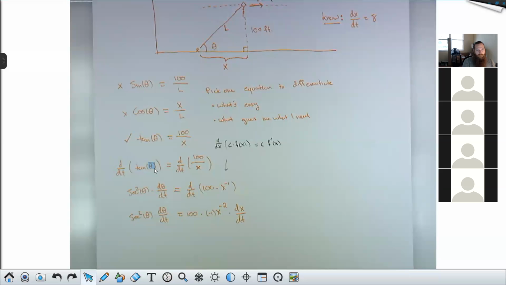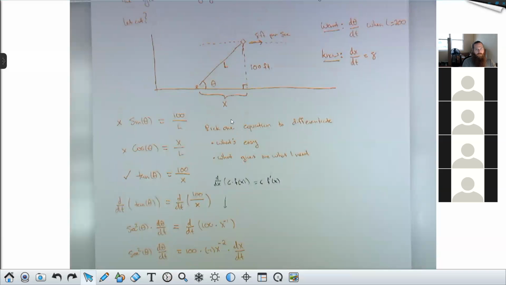So theta is a function. When I differentiate with respect to t, I differentiate the outer, leaving the inner alone. So tangent becomes secant squared, and I leave the inside alone, which is theta. And then I have to multiply by the derivative of the inside. The d dt derivative of theta is d theta dt. That's the thing I want. Okay, thank you.